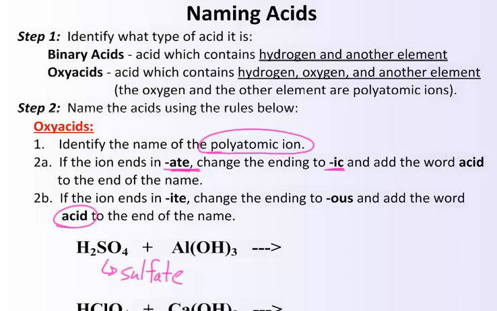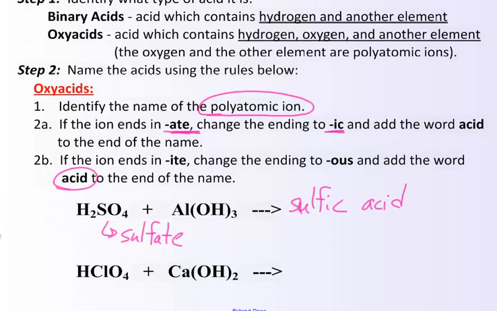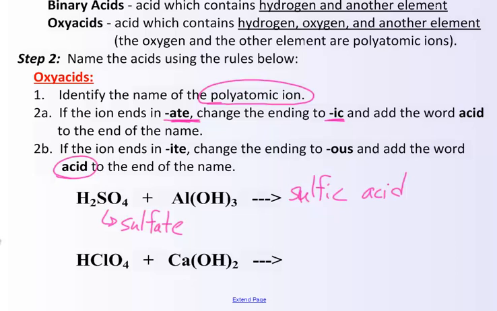So notice that there's no hydro in front. So now it's not hydrosulfic, it's just sulfic and then acid at the end. Looking at our next example, ClO2 is chlorite.